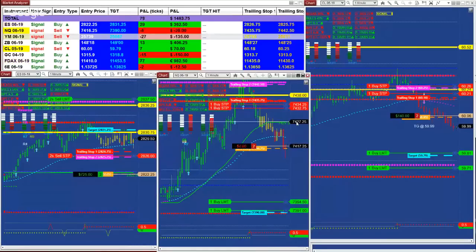So on the CL, our first target is 59.81 at the moment, and we are waiting on this ES to drop. It's refusing to die, that ES. It's losing, but it is really struggling.